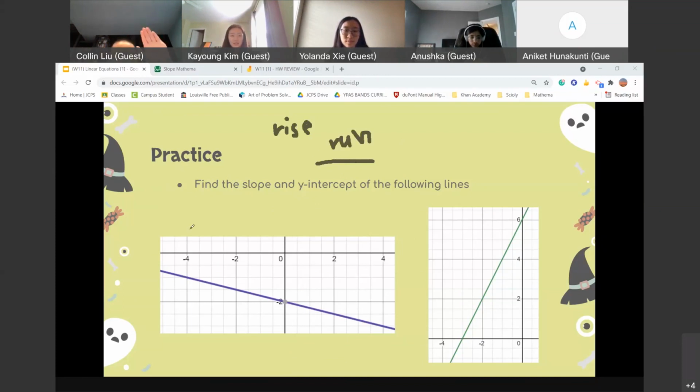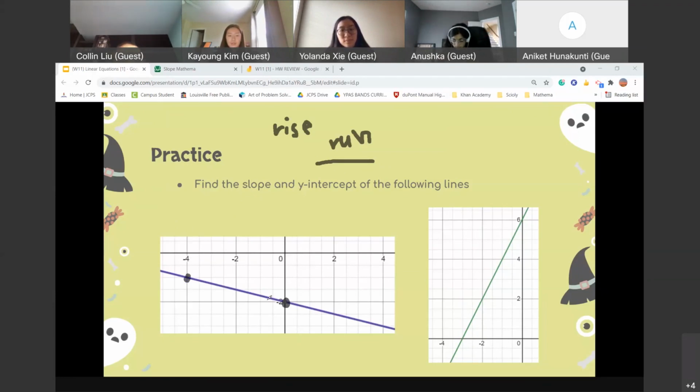Do you have a question? When you're figuring out the slope of the purple line, how did you get 0 and -4? Oh, okay. So that's just my points. I think I used this one and this one, right? Yes. Okay, so I picked 2 points that are easy to see on the graph.